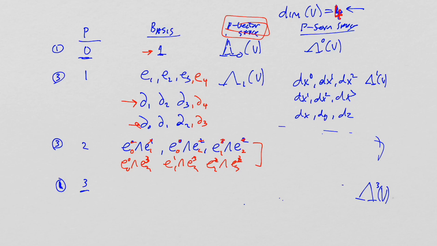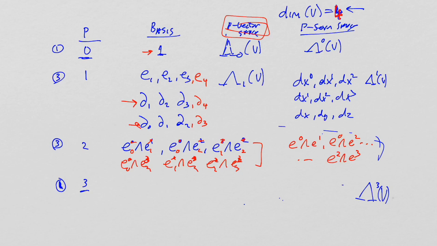So it's like that. Those belong over here: E0 wedge E1, E0 wedge E2, etc., all the way to E2 wedge E3. And there's 6 of them. So those are the 6 there.